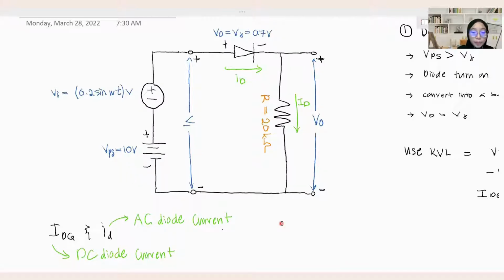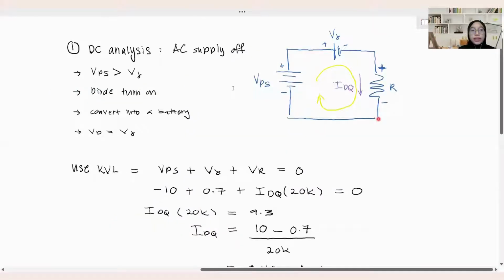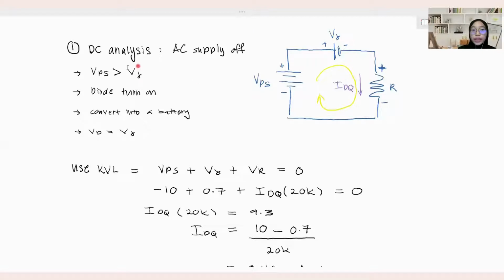In this question, we are asked to find IDQ, which is the DC diode current, and ID, the AC diode current. The first step is doing DC analysis by turning off the AC supply. VPS will be greater than V gamma, so the diode will turn on and convert into a battery.